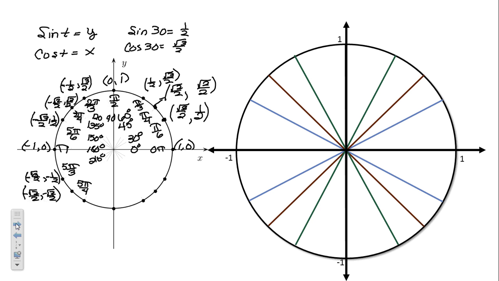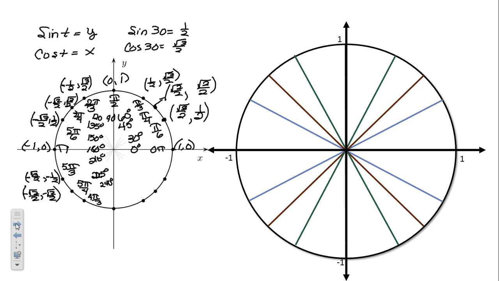This is our 215. Okay, and then we've got 225. 225 is right. And then we've got 240. It's a 60-degree angle in the third quadrant. 4 pi over 3.